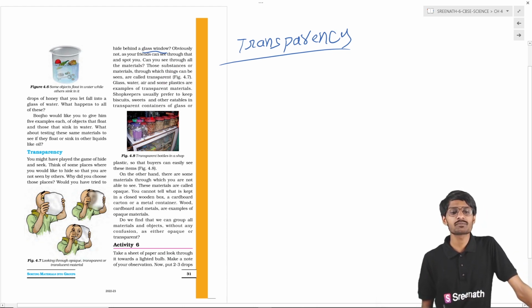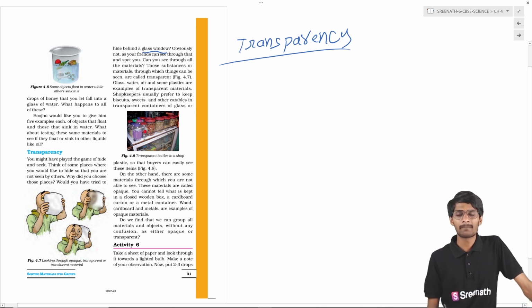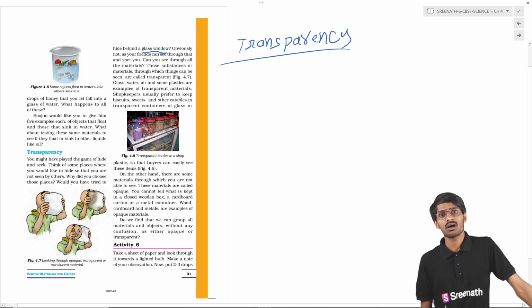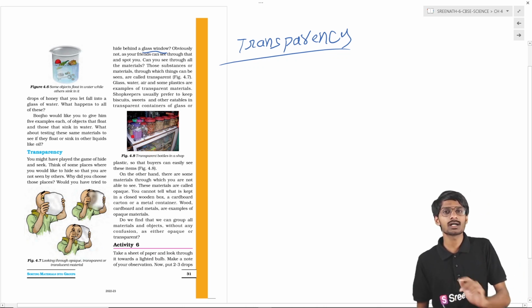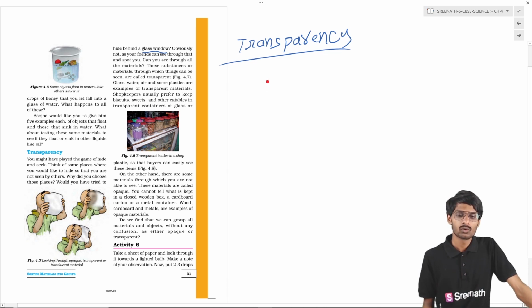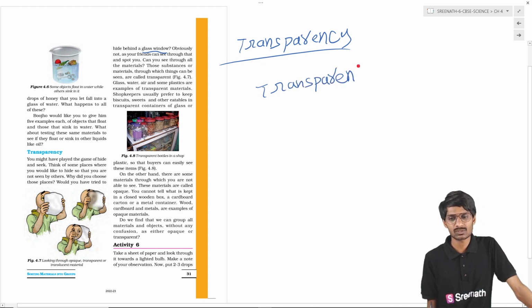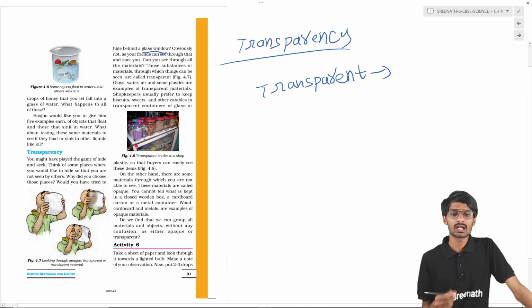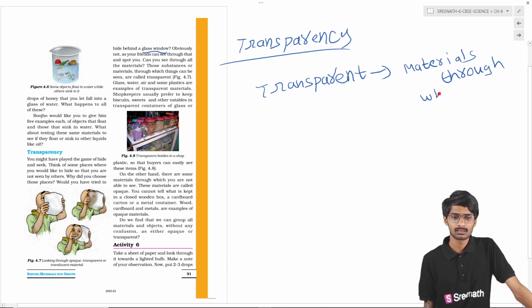In shops also, the shopkeeper will place the food items in a glass jar, so that the food items will be visible through the glass jar. So there are some materials we call transparent materials.